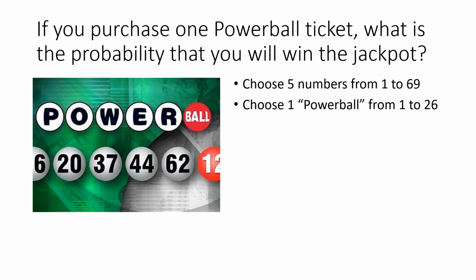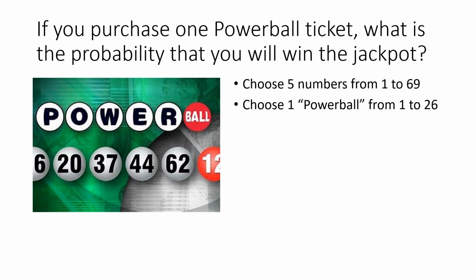All right, so I'm going to put this together and look at if we were to purchase one Powerball ticket, what is the probability that you will win the jackpot? So the way that Powerball works, you start by choosing 5 numbers from 1 to 69, and then you choose one Powerball between 1 and 26.